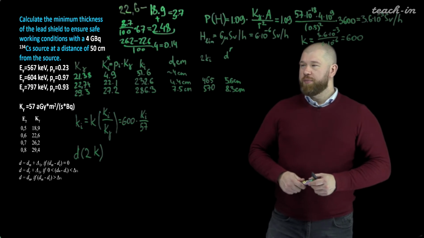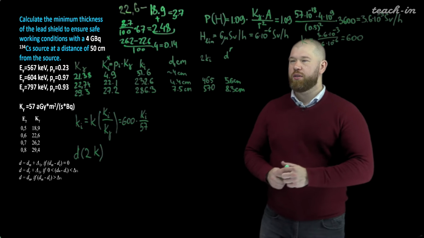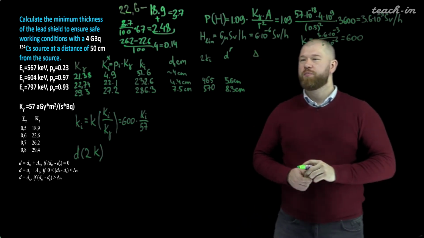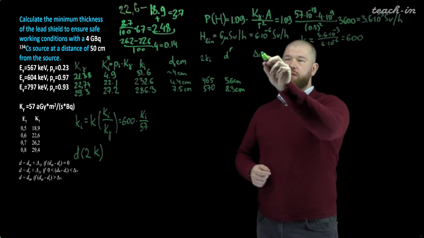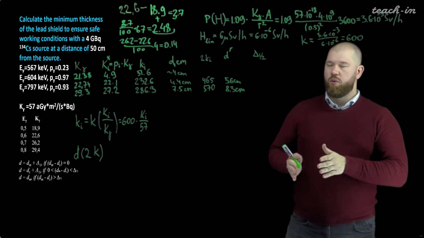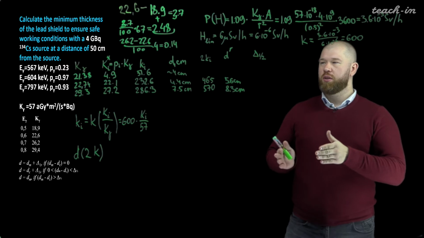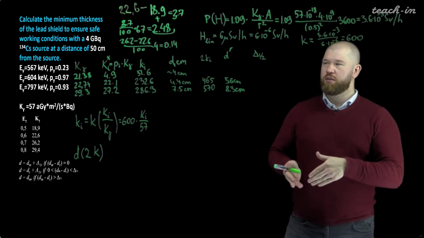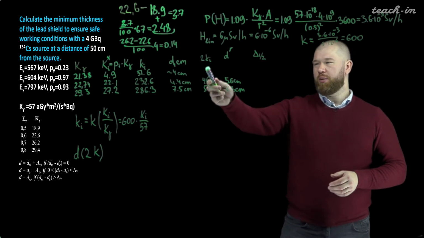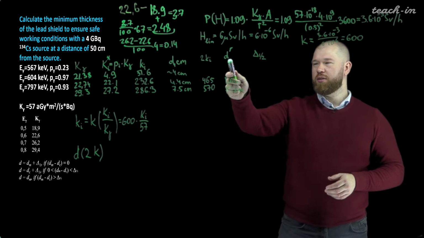So what next? Now we will find these delta values. That is called the thickness of a lead shielding that will lead to reducing our equivalent dose 2 times, because we doubled our K value and calculated with this D thickness.